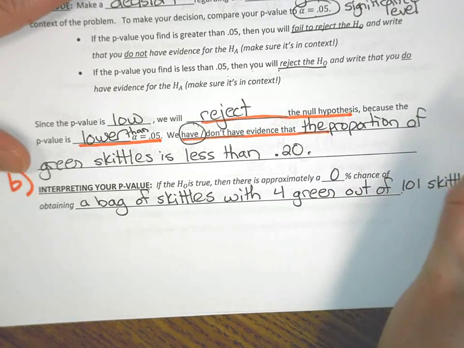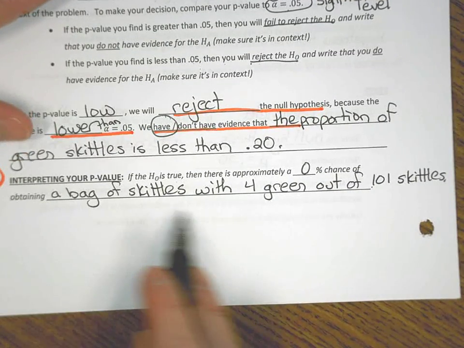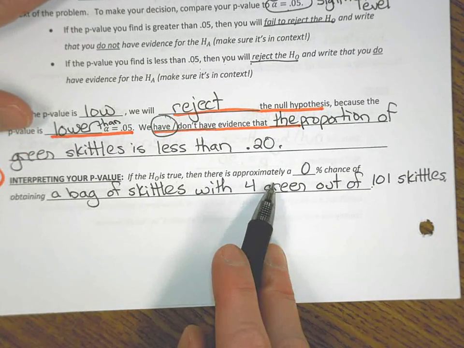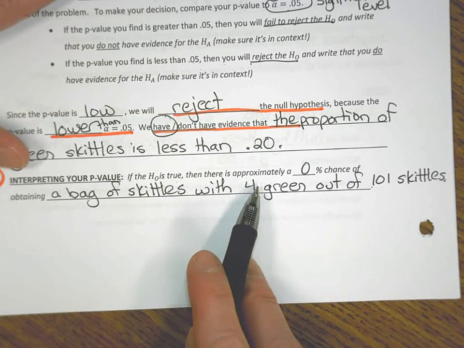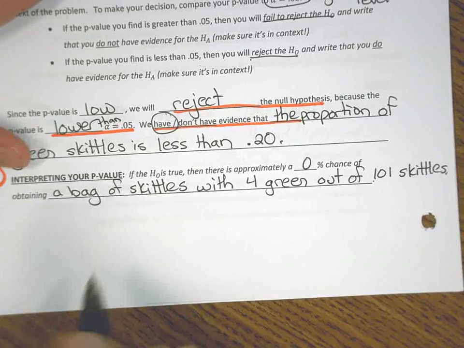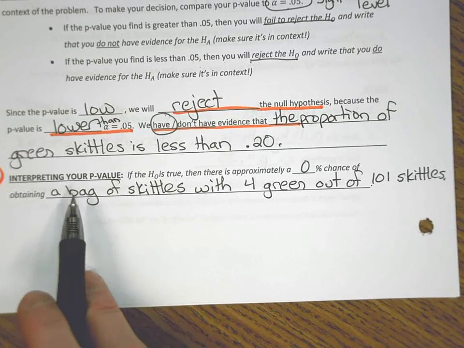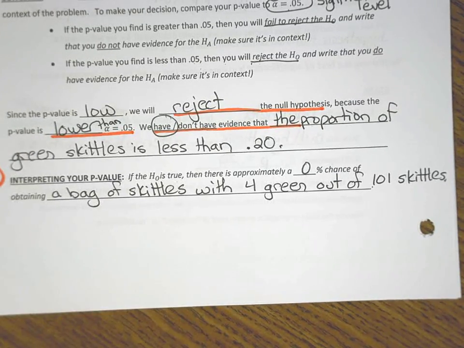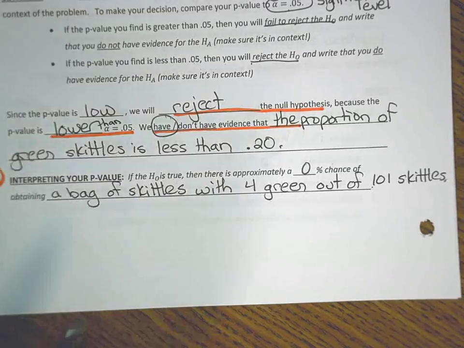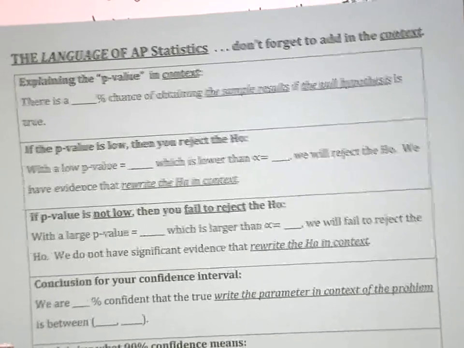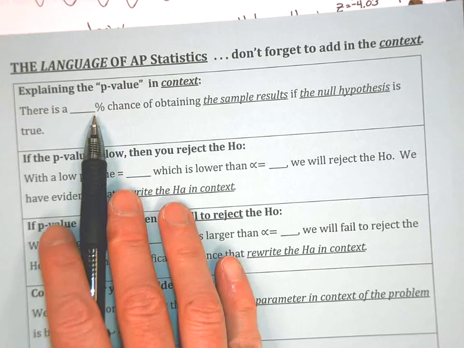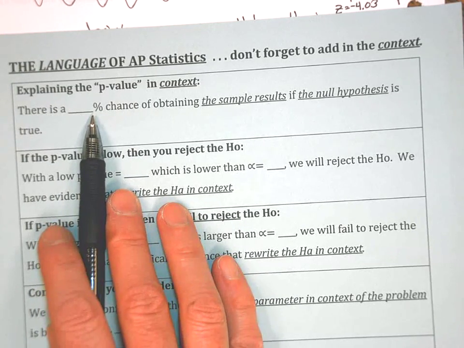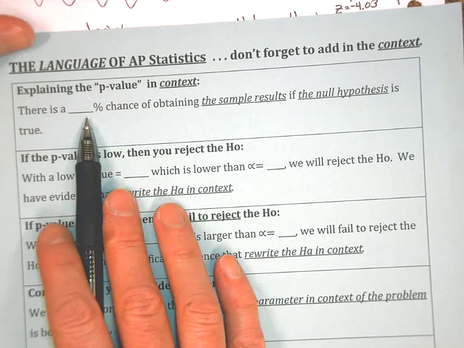Now there's more than one way to say this last part that I just wrote in. Basically, you're just describing your sample results in context. There's a lot of information here, things that you've never done before. So that is why I also handed out in class this language of AP statistics. So there's little subscripts of basically statements that you could either memorize or just repeat to yourself and get used to saying it this way.